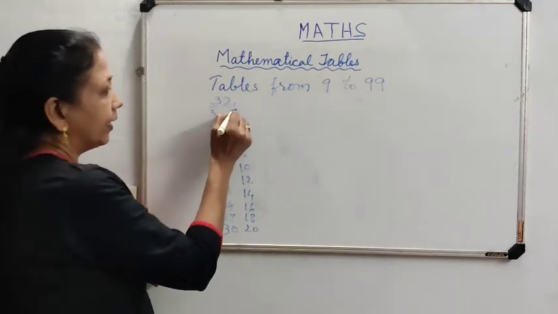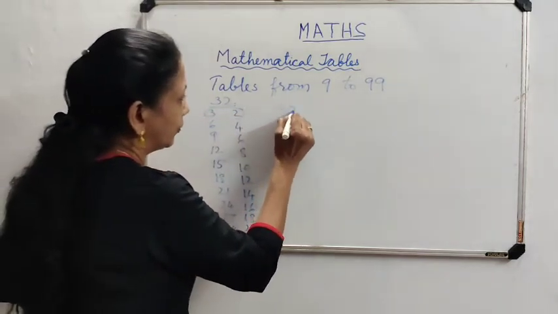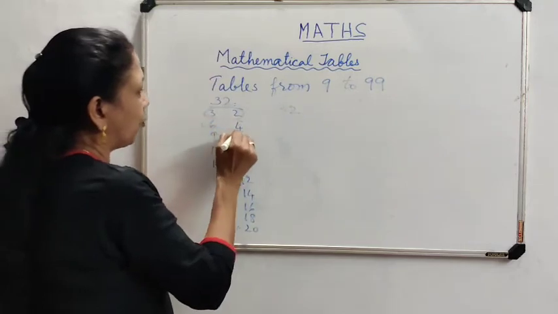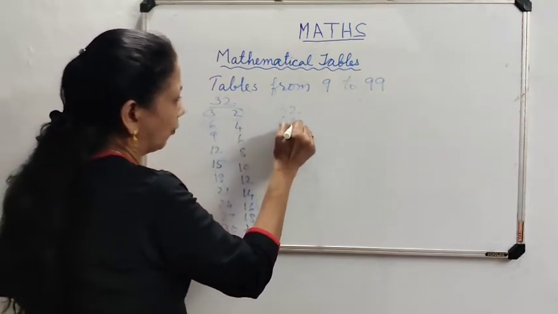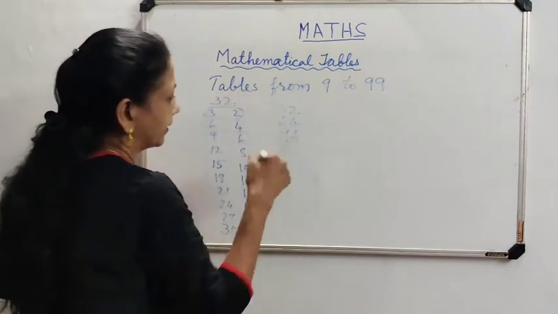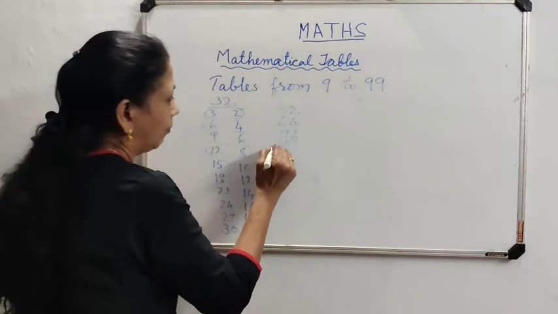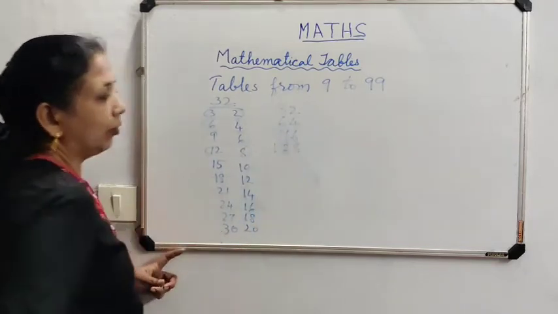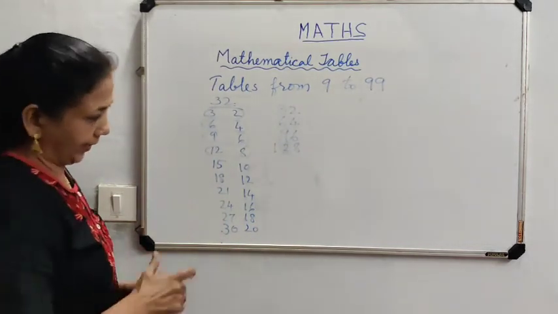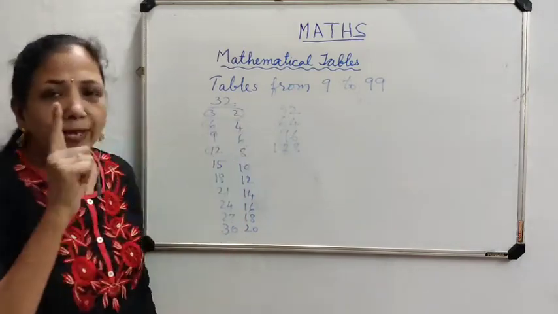Now see, these two take 3 and 2: 32 times 2 is 64, 32 times 3 is 96, 32 times 4 is 128. Up to here, the ones place can have only one digit.